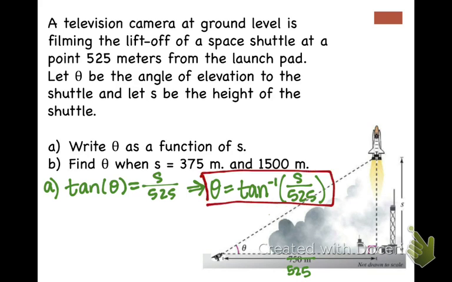Because the height of that rocket is changing, when the rocket changes, the theta has to change as well. So that's part A. Part B wants us to actually find those angle values. Part B says find theta when s is 375, and then find theta when s is 1500.